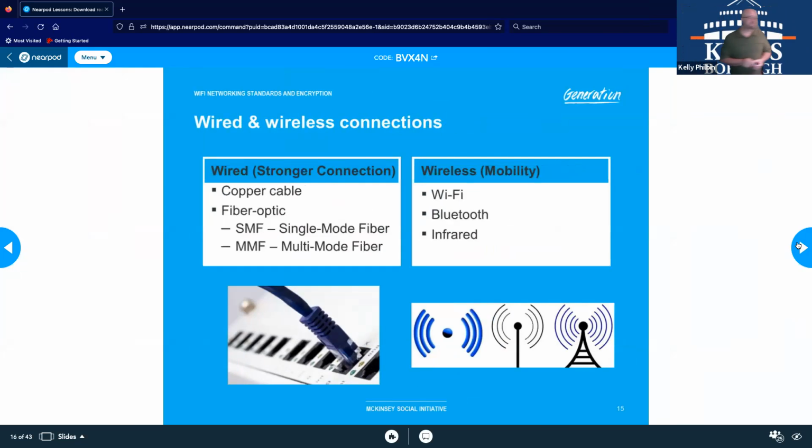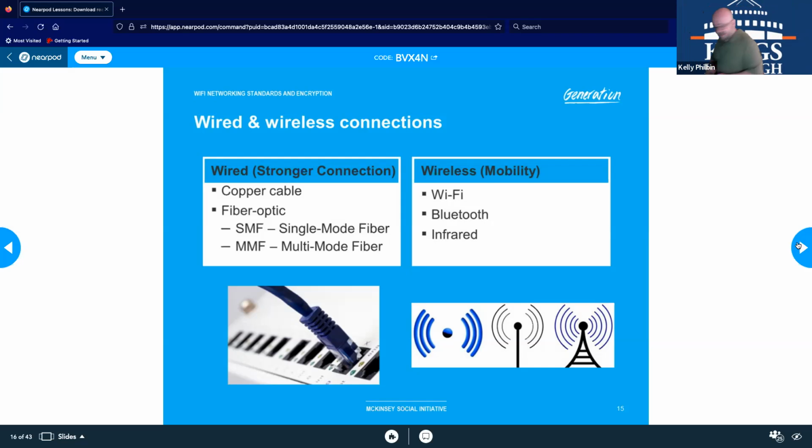All right, wired and wireless connectors. So wired: stronger connection, most stable, fastest throughputs, typically copper or fiber optic. Copper takes up coax and twisted pair, and fiber optic breaks into single mode fiber and multi-mode fiber.